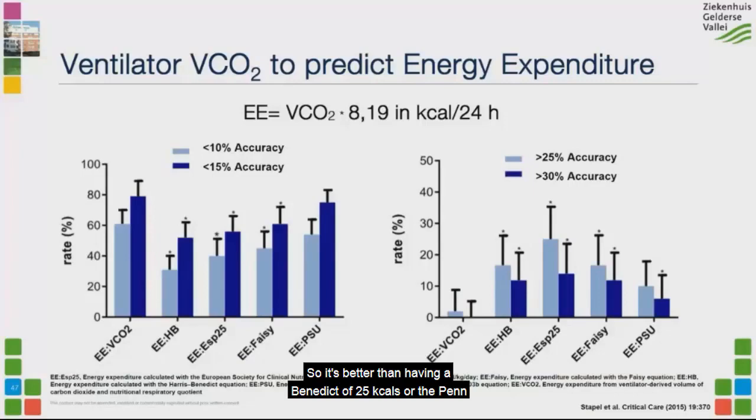So it's better than Harris-Benedict or 25 kcals or the Penn State University equation. So it's better than equations. And also the accuracy, if you take higher cutoffs like 25 or 30%, you can see that there are very few patients who are out of this range when you use the VCO2 method.